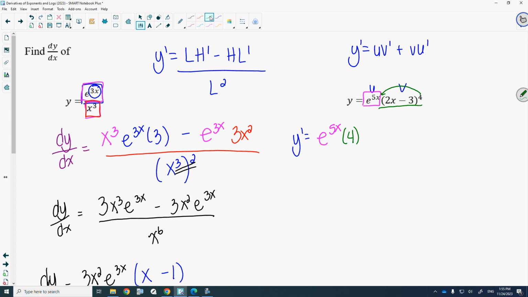So 4 (2x minus 3) to the power of 3, and then the derivative of my inner function is 2. So u v prime, plus v, and then u prime. The derivative of e to the 5x is e to the 5x. The derivative of 5x is 5.